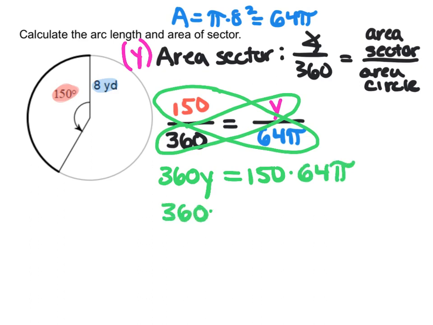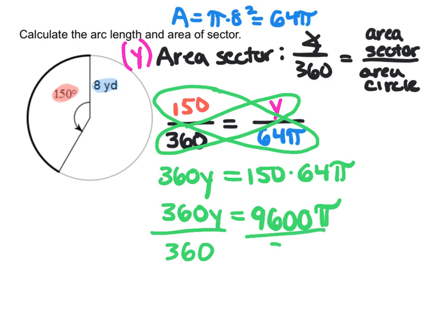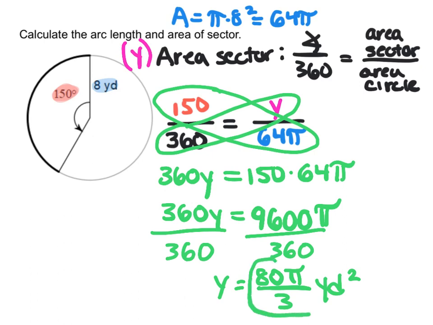So 360y equals 9,600 pi. And then if you divide both sides by 360 and simplify, it becomes 26.6 repeating, which we change to a fraction, gives you 80 pi over 3 yards squared, because it's area.